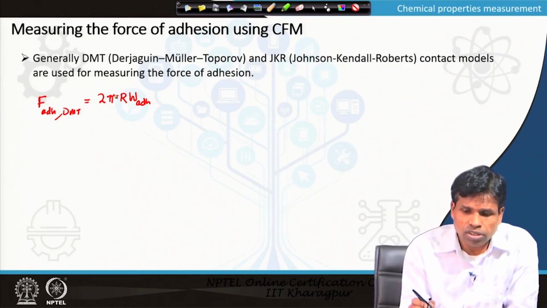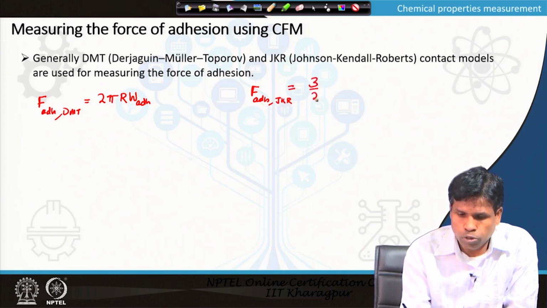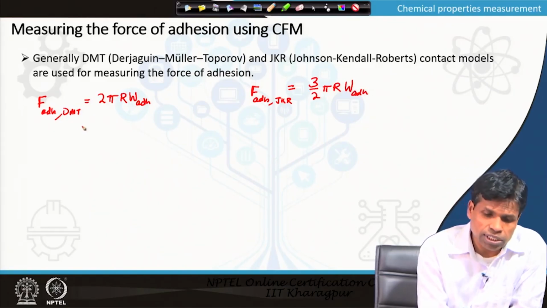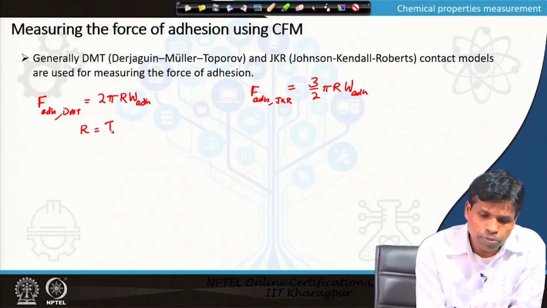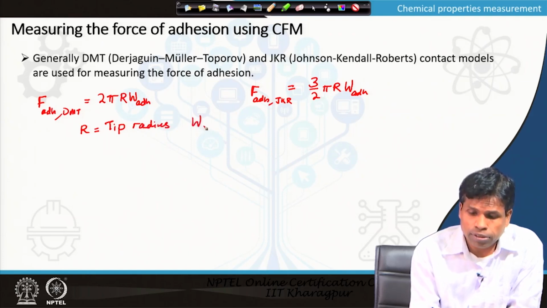The force of adhesion as per the JKR model, in a simplified form, can be written as F adhesion JKR equals 3 by 2 pi R W adhesion. Here, in both cases, R is the tip radius and W adhesion is the work of adhesion.